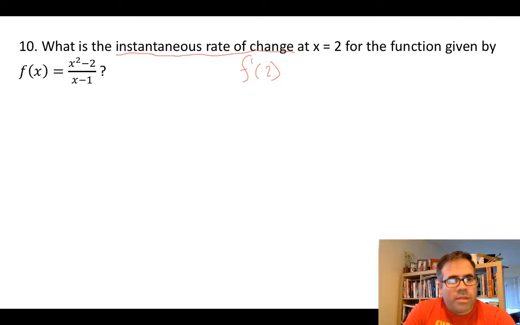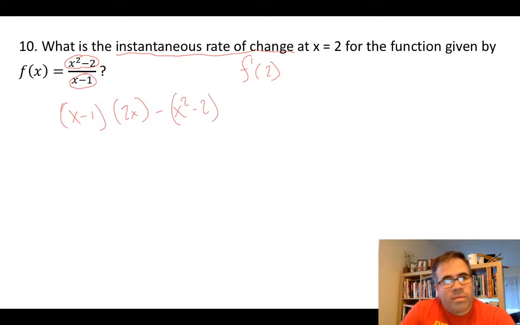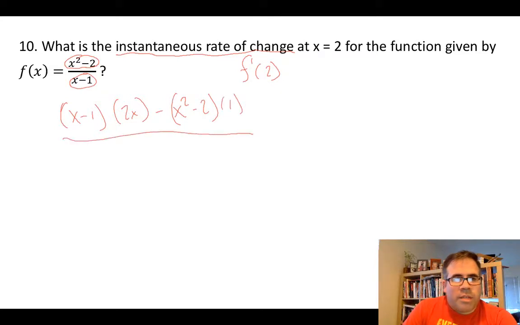With v as x minus 1 and u as x squared minus 2, we have x minus 1 times the derivative of x squared minus 2, which is 2x, minus x squared minus 2 times the derivative of x minus 1, which is just 1, all divided by x minus 1 squared.